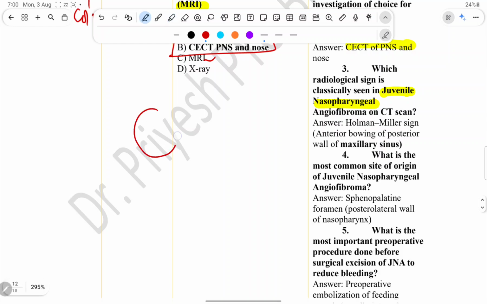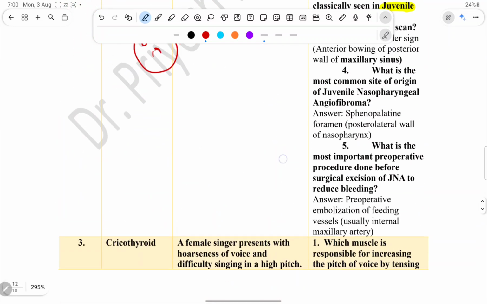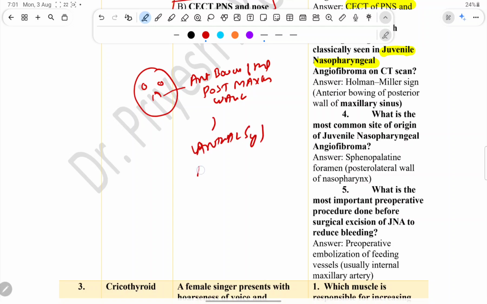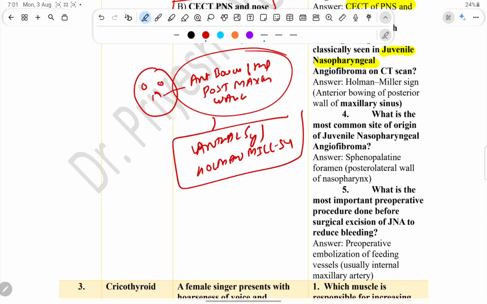Since the angiofibroma grows behind the nose, it causes anterior bowing of the posterior maxillary wall, known as the antral sign or Holman-Miller sign.